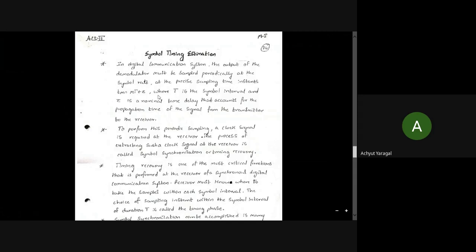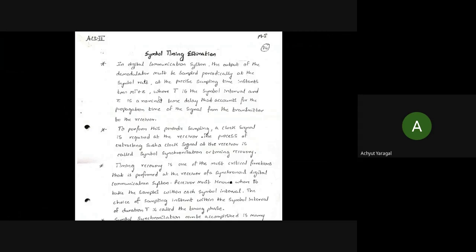Capital T represents our symbol interval, and tau represents our time delay. This time delay is nothing but the propagation delay, or propagation time, of the signal between the transmitter and the receiver.